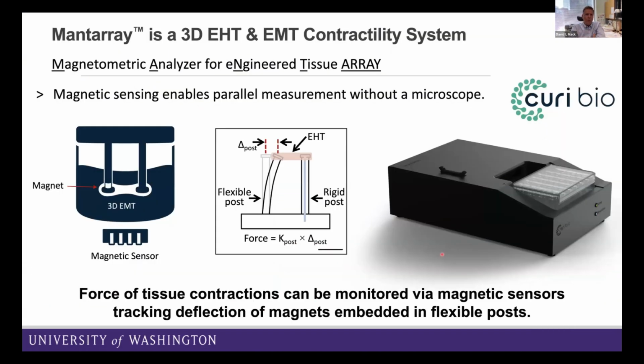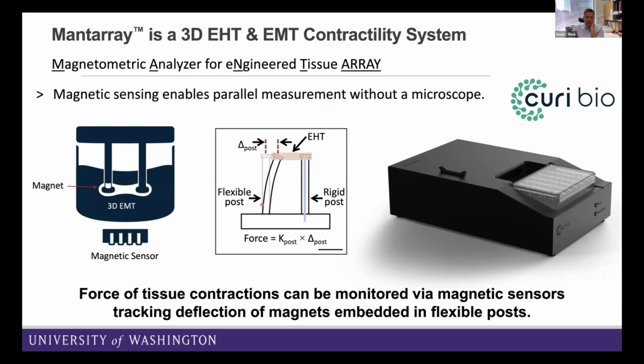Before I show you the data of the contractile force and kinetics, you need to understand the platform that we've helped our colleagues at Curie Bio develop over the last 8 years or so. The platform is called MANTA-Ray, which stands for Magnetometric Analyzer for Engineered Tissue Array. The idea is that these engineered heart tissues are suspended between two posts, one rigid and one flexible.